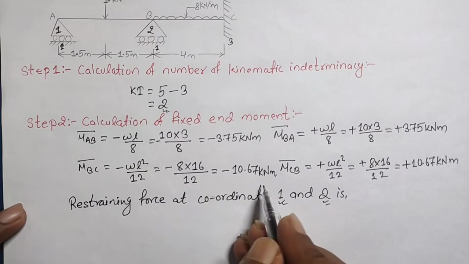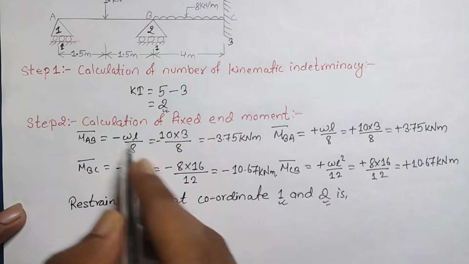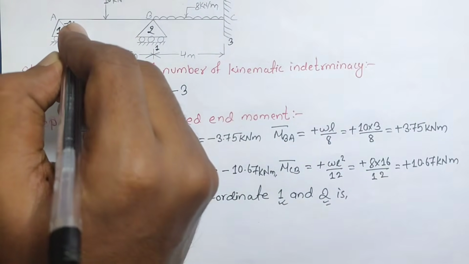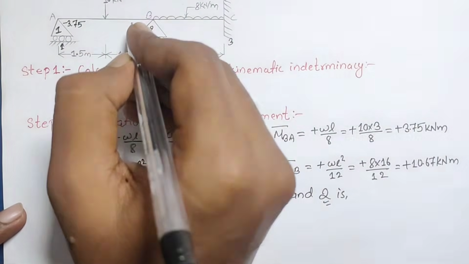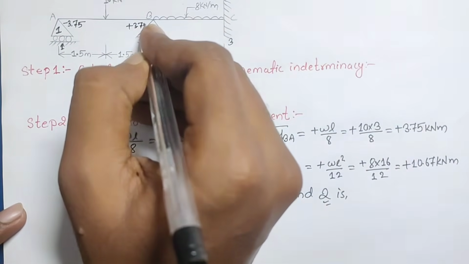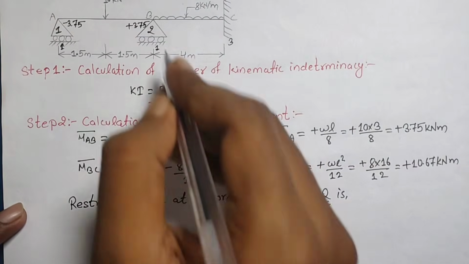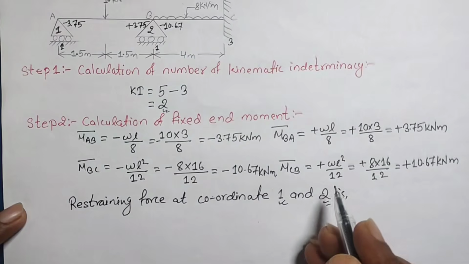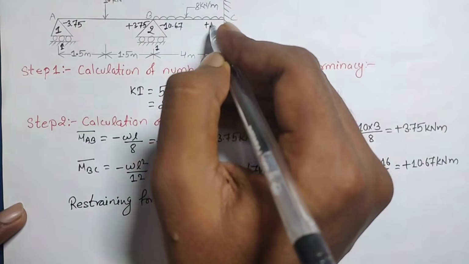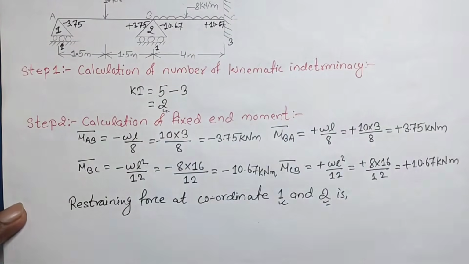And guys, we have got the values MAB equals minus 3.75, MBA equals plus 3.75, MBC equals minus 10.67, and MCB equals plus 10.67.